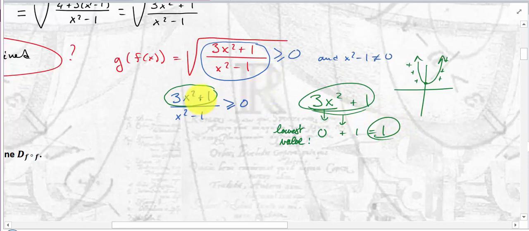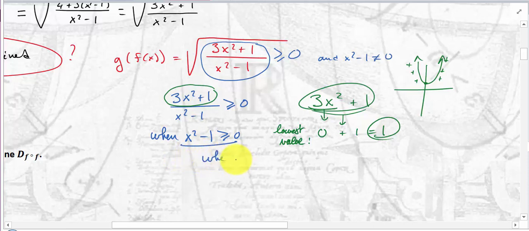So 3x squared plus 1 over x squared minus 1 will be positive when x squared minus 1 is positive, right? Because the top is always positive. So if the denominator is positive, then the ratio is positive. If the denominator is negative, then the ratio is negative. Okay? So when is this positive? Well, that's pretty straightforward.